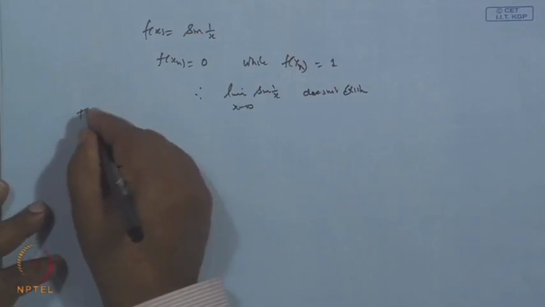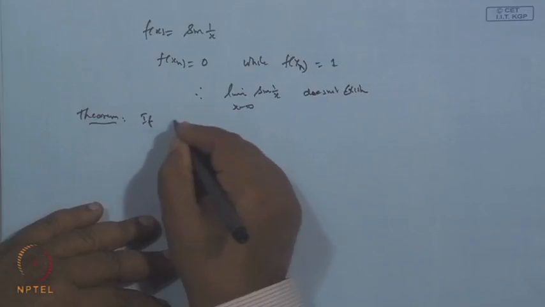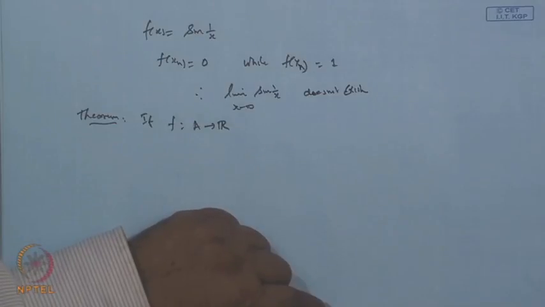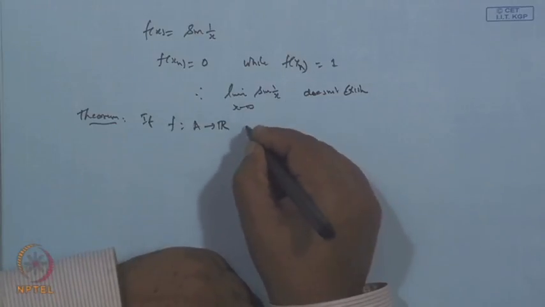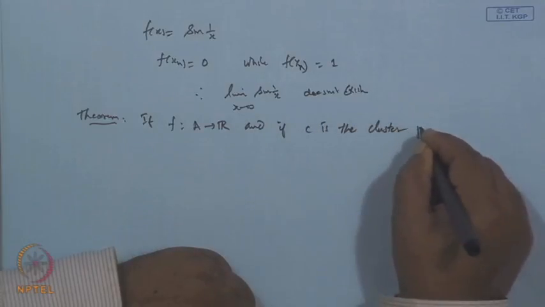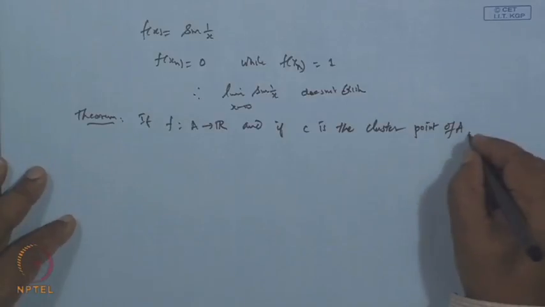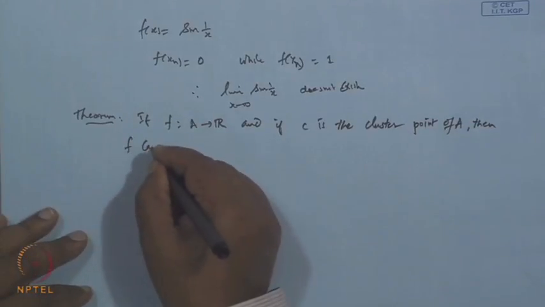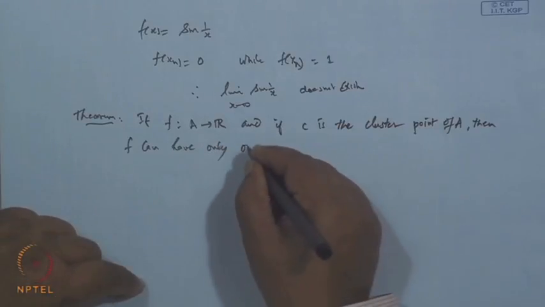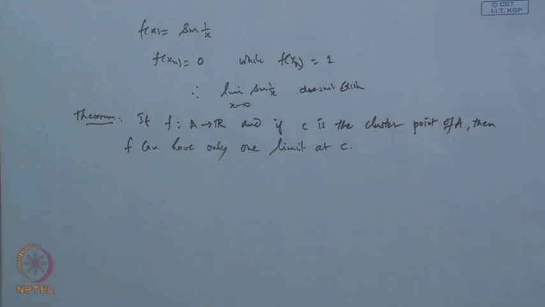We should have proved this earlier, but however: if f is a mapping from A to R, and if C is a cluster point of A, then f can have only one limit at C.